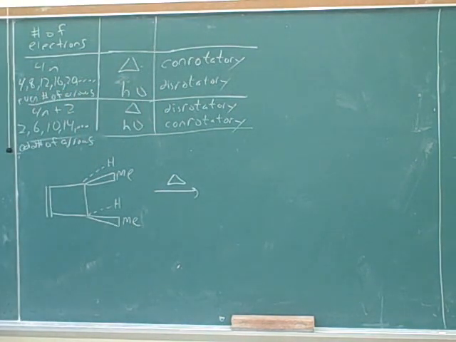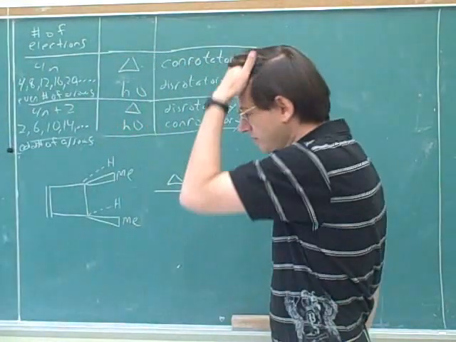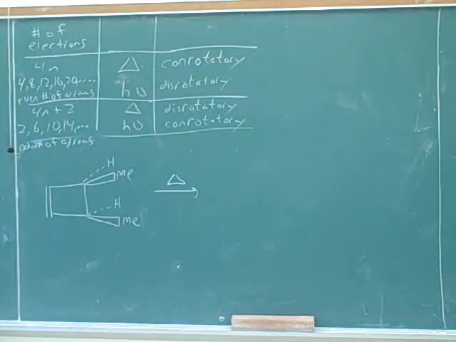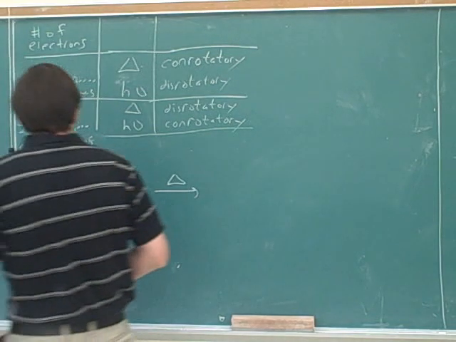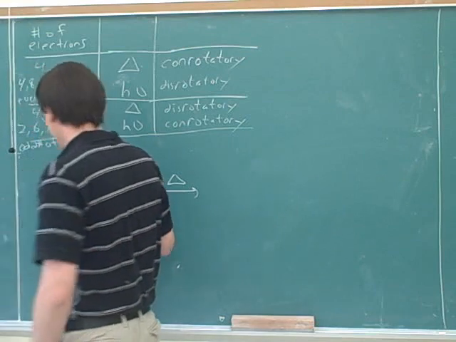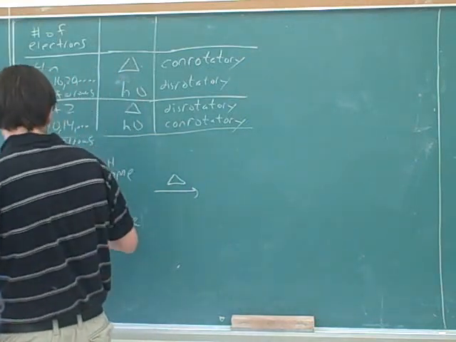Now we need to draw the product. So first I'm going to show the mechanism. This is going to be a ring opening, so I have to start by breaking this sigma bond.